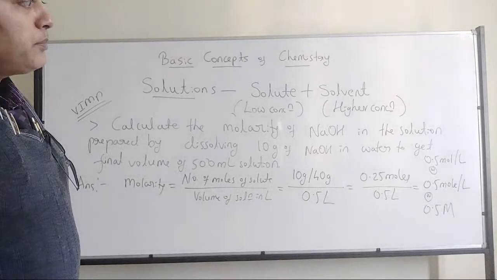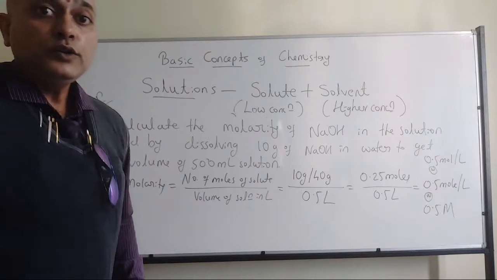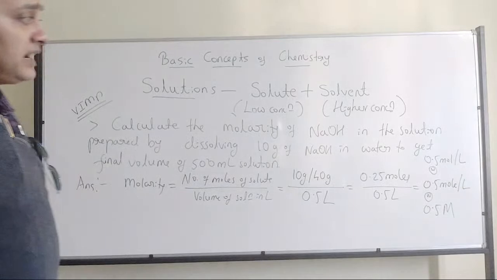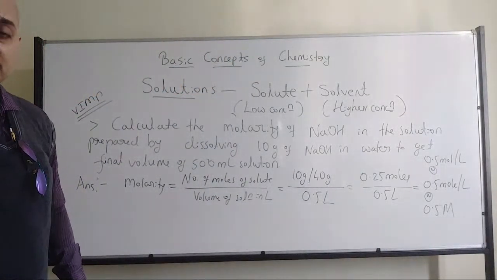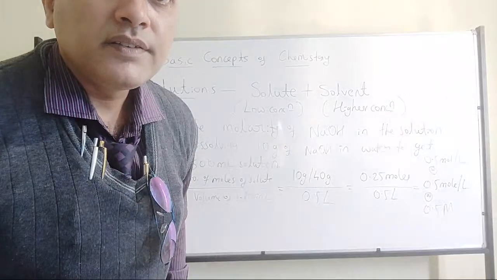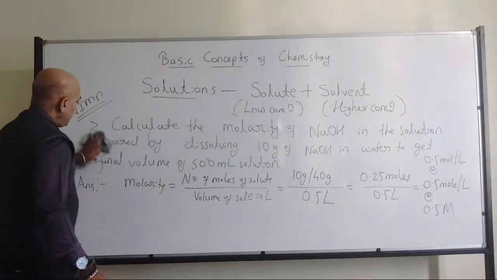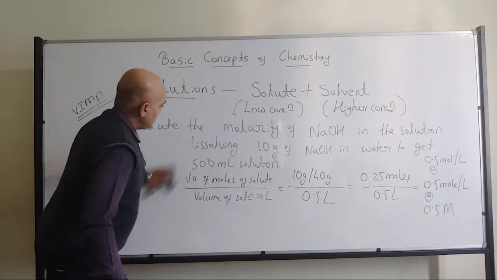So 0.5 mole per liter or 0.5 molarity. Don't forget to write the unit. Either you should write it as 0.5 moles per liter, or you should write it as 0.5 molar. That is capital M, not small m. Okay, so done. That's where we have the answer. That is 0.5 moles per liter.